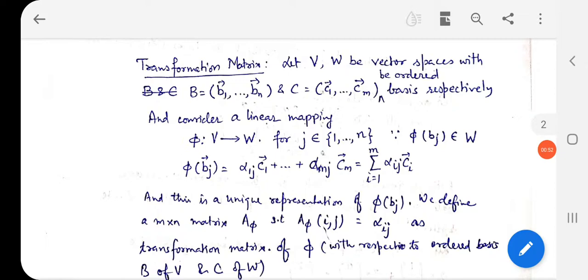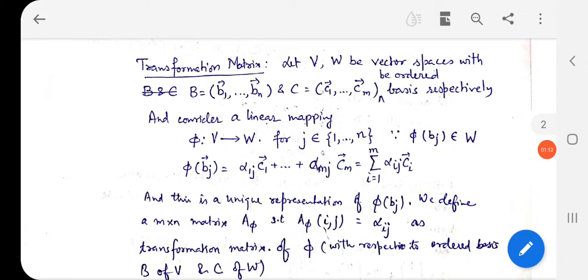The basic idea of finding this particular transformation matrix is the definition of the coordinates. So let us just revisit the definition of the coordinates.